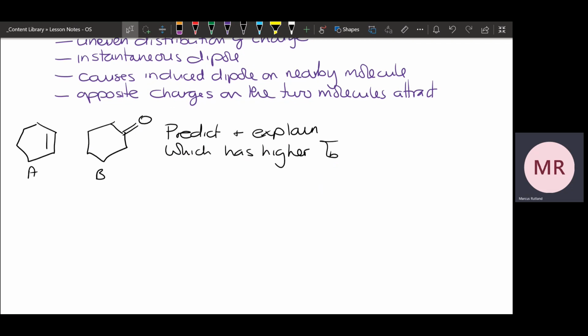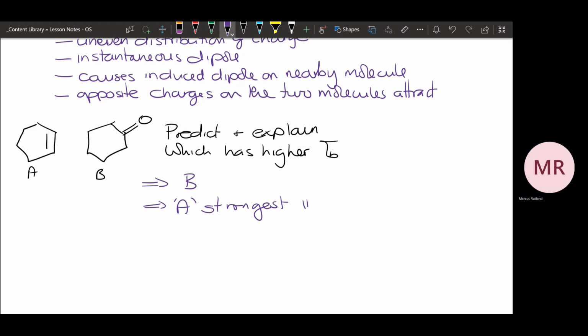Okay, so your answer should be that it's B. When you get a question like this, make sure that you state the types of intermolecular bonding present, or the strongest types. So for A, the strongest intermolecular bonds are ID-ID.